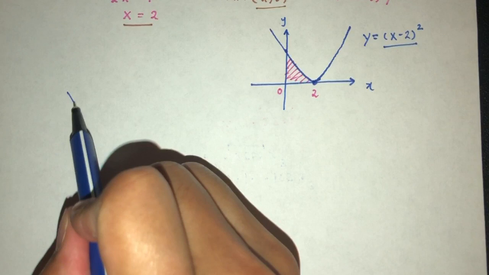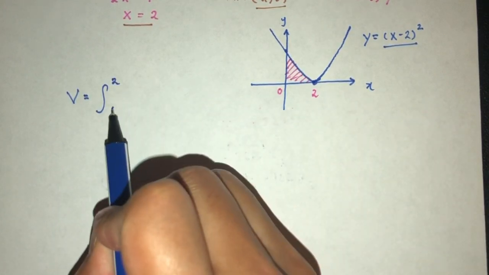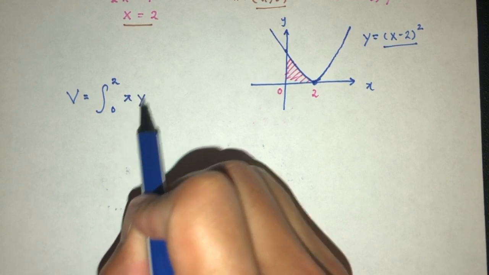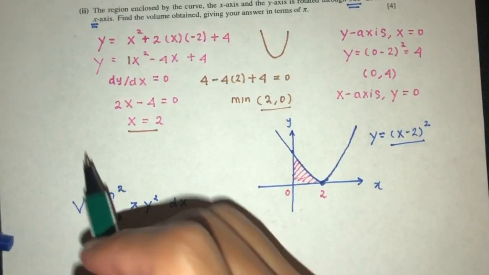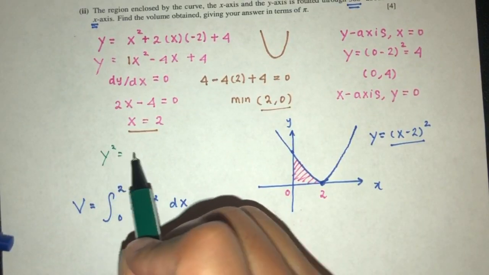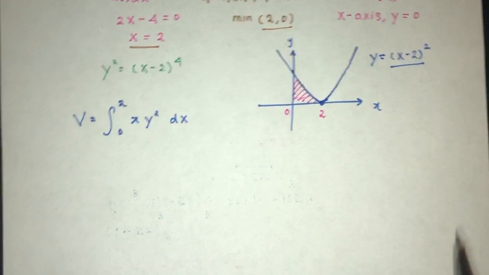So volume about the x-axis, as we have seen before, will be the integral from 0 to 2 of pi y² dx. Now we know already y² is what? Y is this. Y² will be pretty simple. We just have to square this value, will be (x - 2)⁴. Now we can just replace and solve step by step.